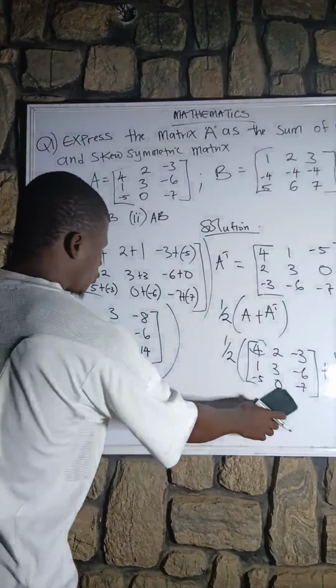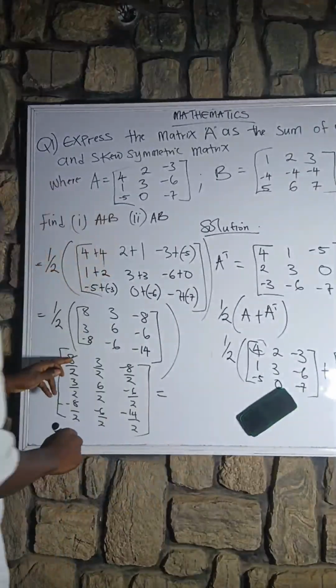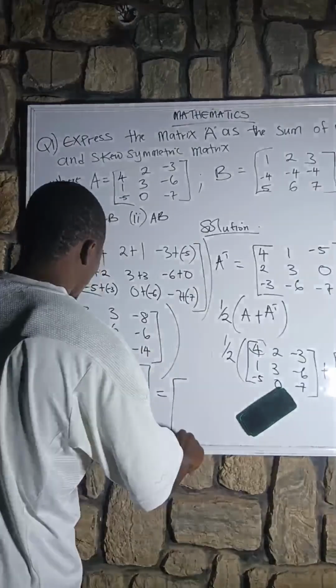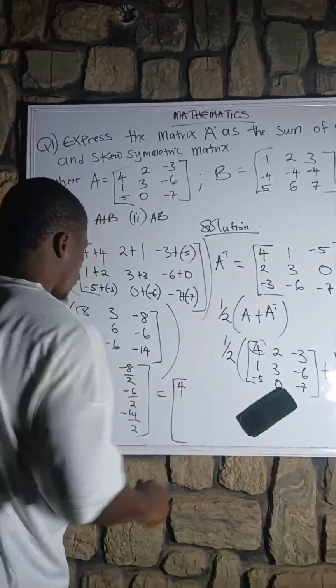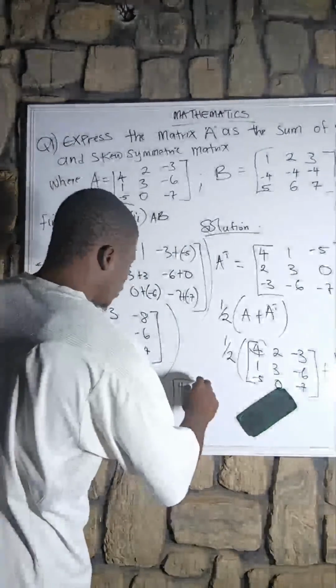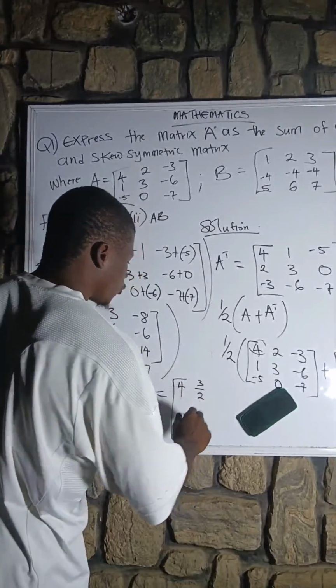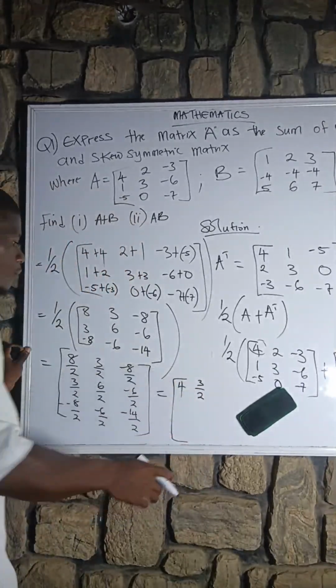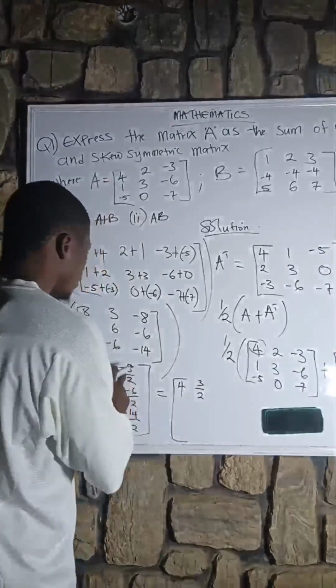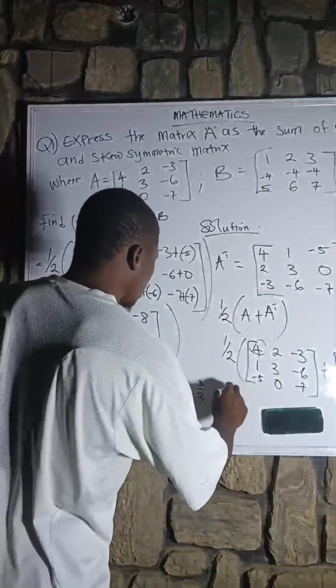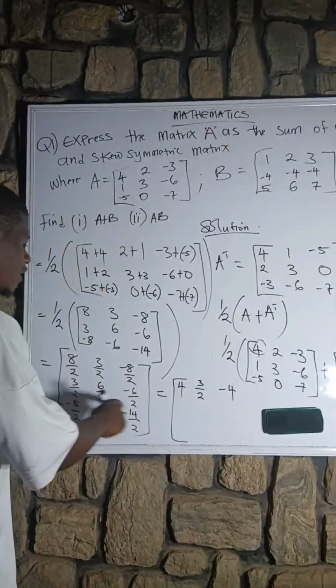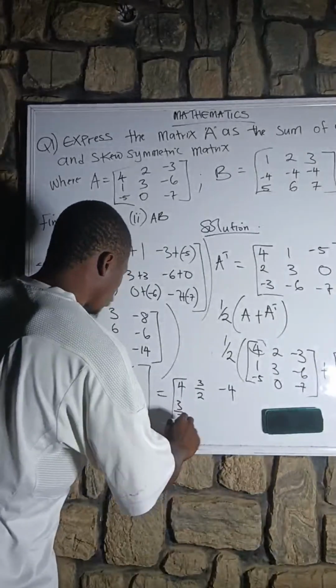So this is going to result to 8 divided by 2 will give us 4. 3 divided by 2 will not give us the whole number, so it will still remain in fraction form. Minus 8 divided by 2 will give us a minus 4. 3 divided by 2 still remains in fraction form.